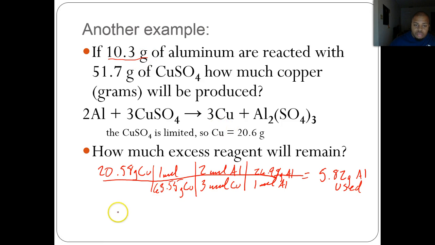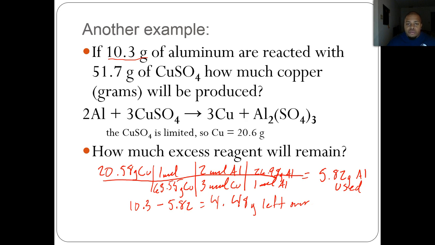So I'm just going to go 10.3 minus 5.82. I come out with approximately 4.48 grams left over.